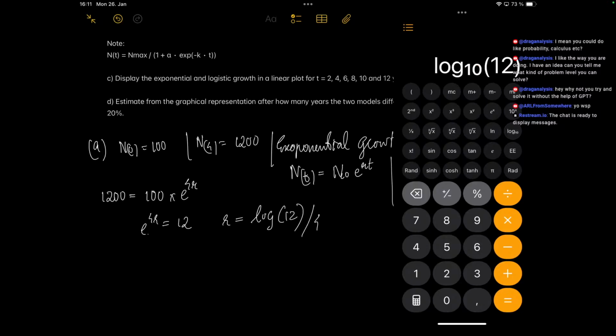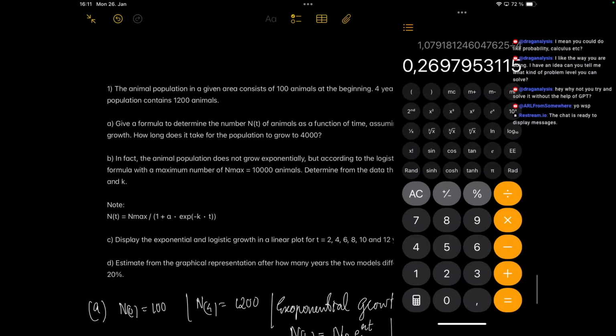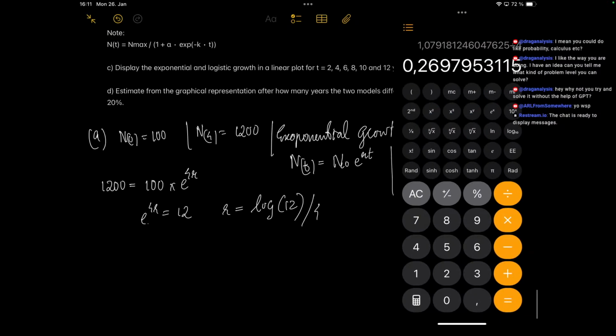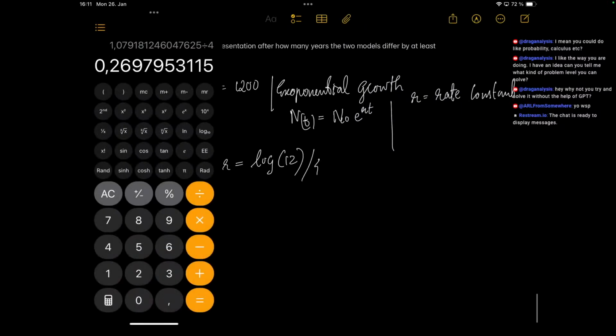I believe it's log to the base 10, right? Is that the answer though? 4 years. That should be the answer. r is 0.2... 2.6, no, 2.7.